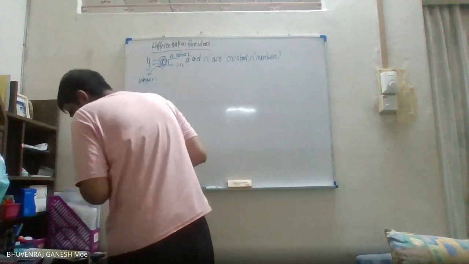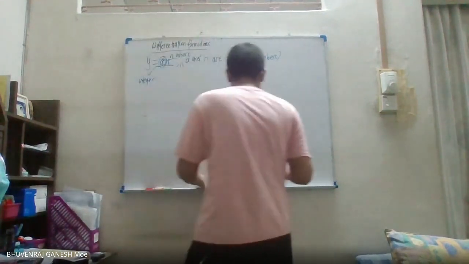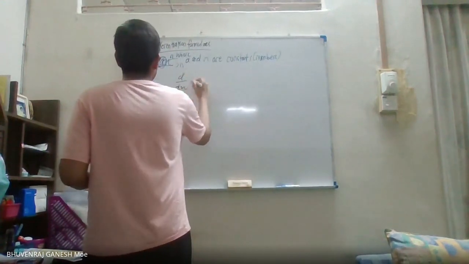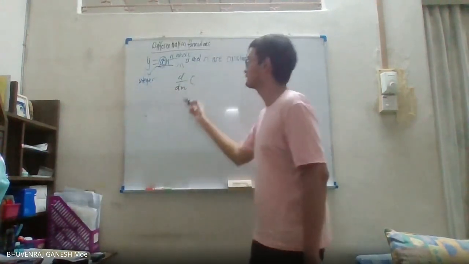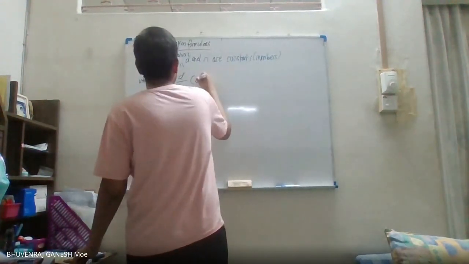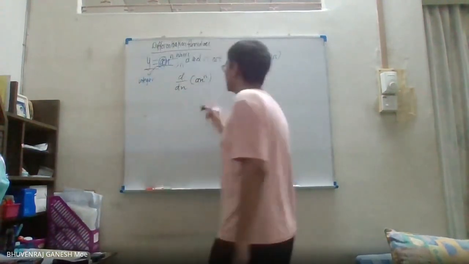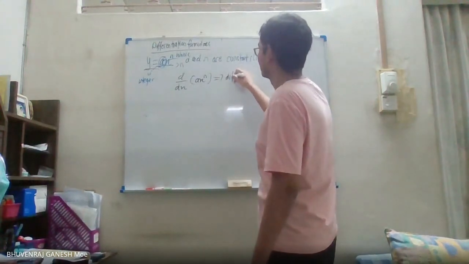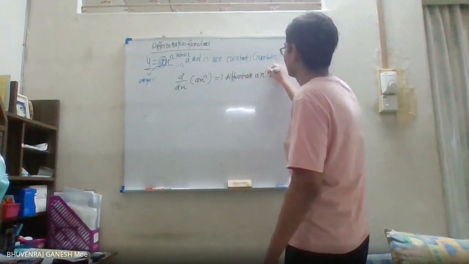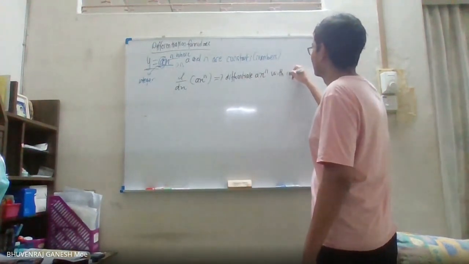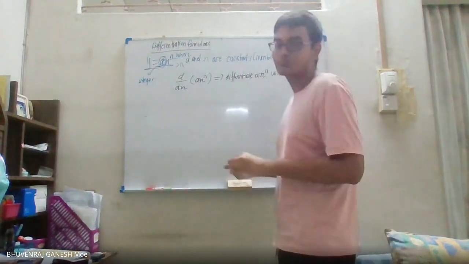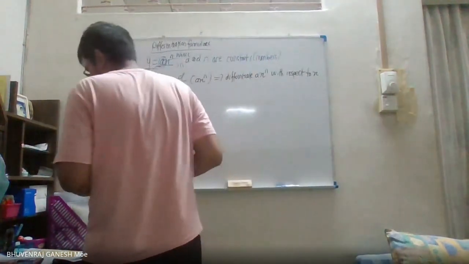Okay, so what we will do is we want to differentiate this. So usually what we will write is like this: d over dx, which actually represents your y. So d over dx of ax power n means in word form to differentiate ax power n with respect to x. So this is what they are trying to say in the question.